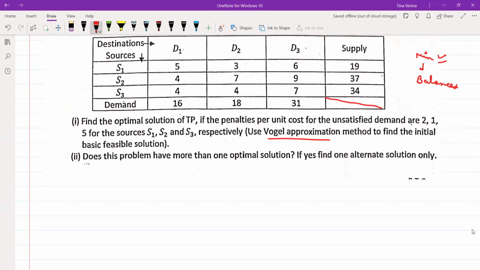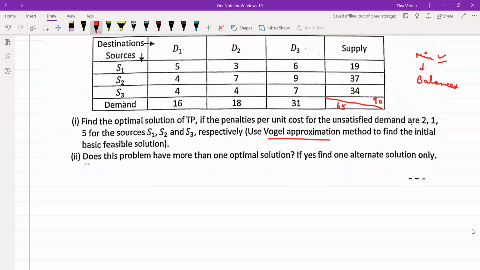If you take the totals, this was coming out to be 90, and this was coming out to be 65, that means it is not balanced.